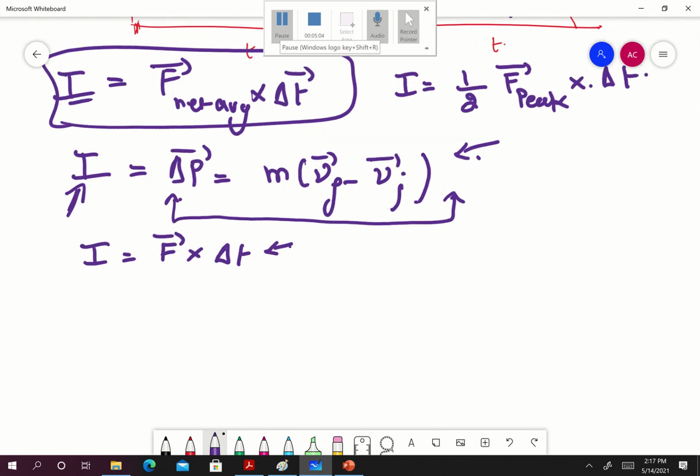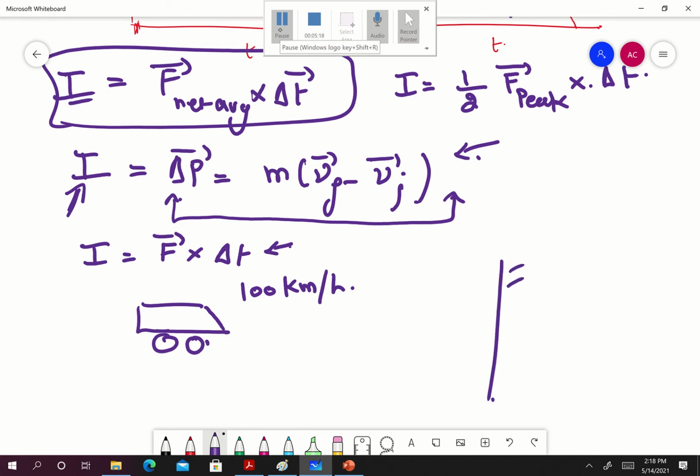I'll show you why. Let's say I take an example of a car, and this car is moving at 100 kilometers per hour, and it sees an obstruction in front of it. That obstruction is quite far away, and this car, before reaching the obstruction, comes to rest and stops.